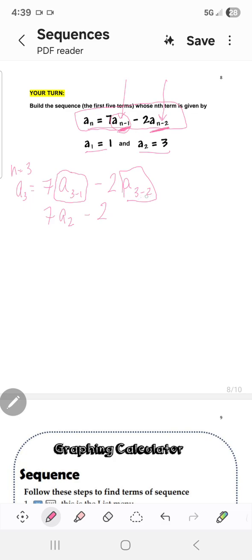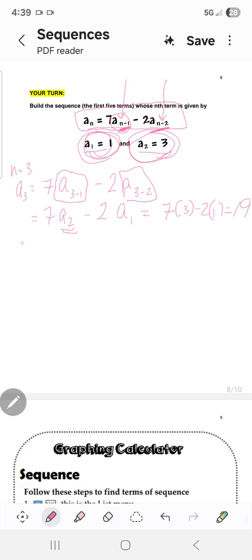Well, what's 3 minus 2? It's 1. Oh, that's why they gave me the first term and the second term, because I need them. So I have 7 times a2 minus 2 times a1, and that'll get you 19.